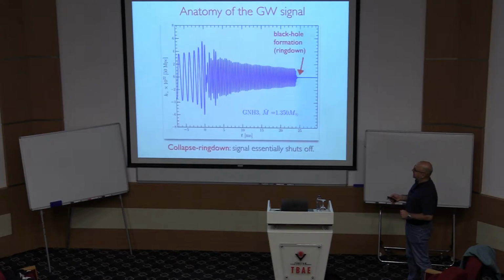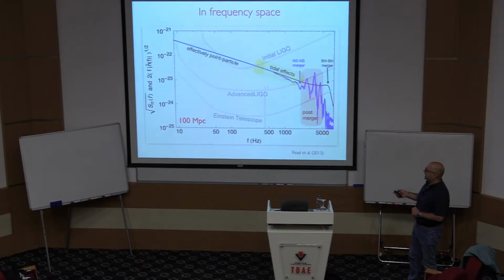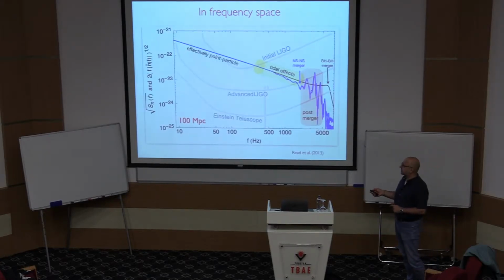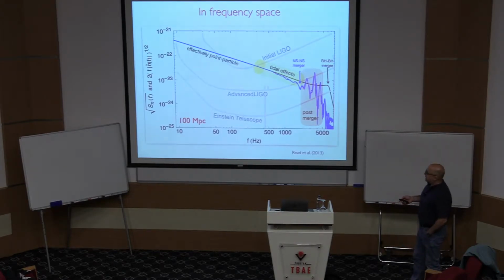You can think of looking at this signal not only in time, so this is the gravitational wave amplitude in one polarization versus time, but you can see the same signal in frequency. And this is what Nerji was mentioning yesterday, how to see a signal. You have a power spectral density of the instrument, these curves over here, and then you have frequency over here.